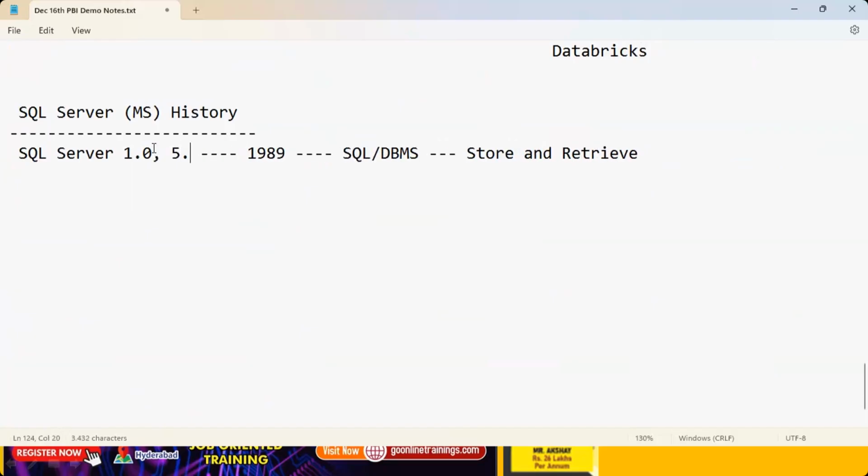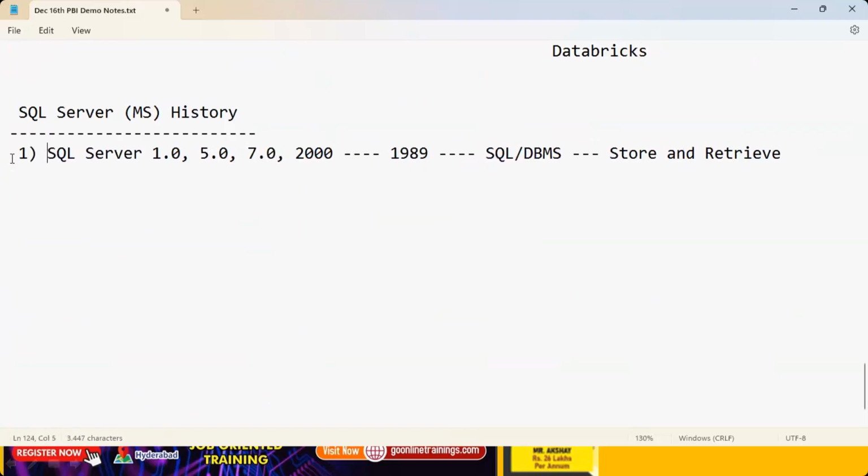Then they had 5.0, 7.0, then SQL Server 2000. The next version is SQL Server 2005, released in the year 2005.